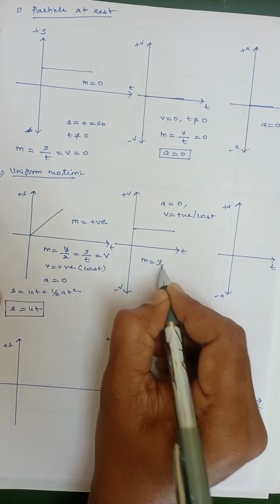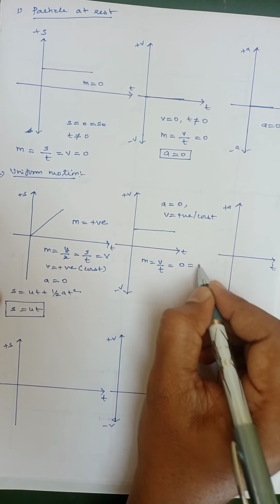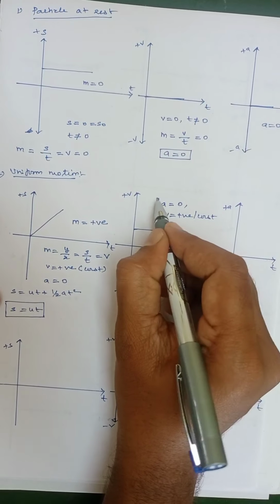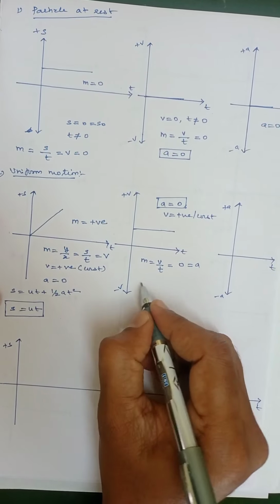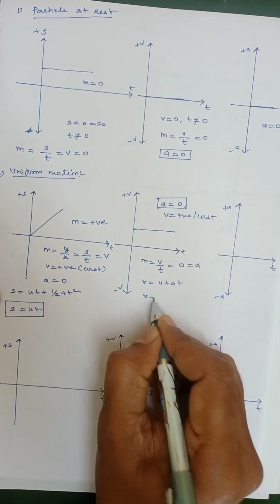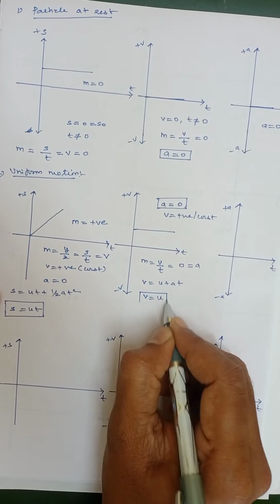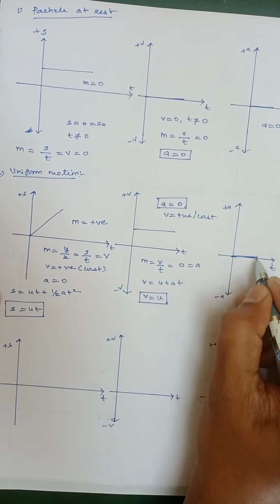Here m is equal to v by t, equal to 0, equal to a, hence a is 0. So the equation becomes v equals u plus at, where a equals 0, v equals u. Here a equal to 0.